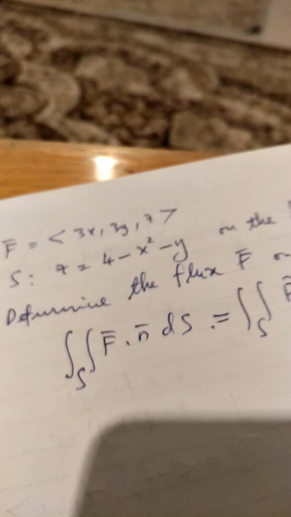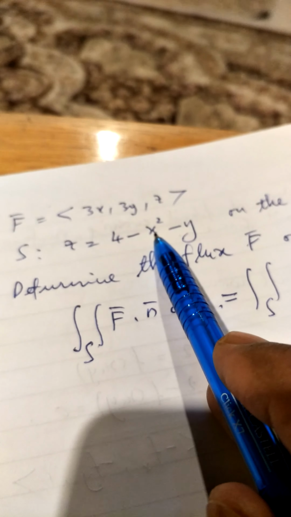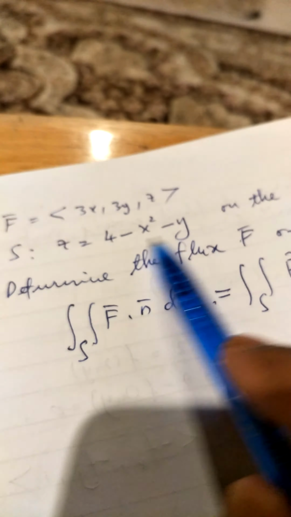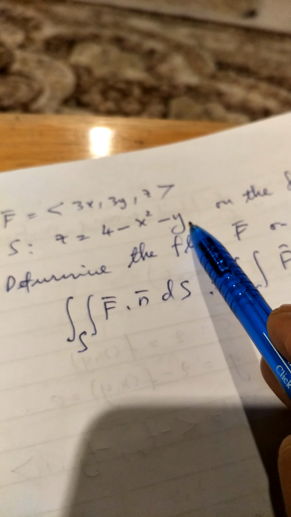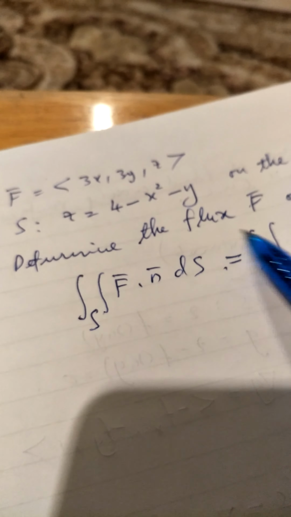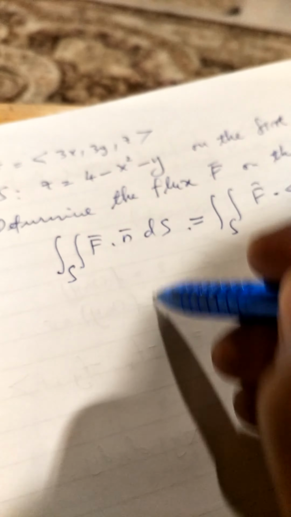Now if you look at the surface S here, z equal to 4 minus x squared minus y, we can sketch this so that when we do the integration, we can determine the limits of integration much more easily. This is in 3 dimensions, so we need x, y, z.